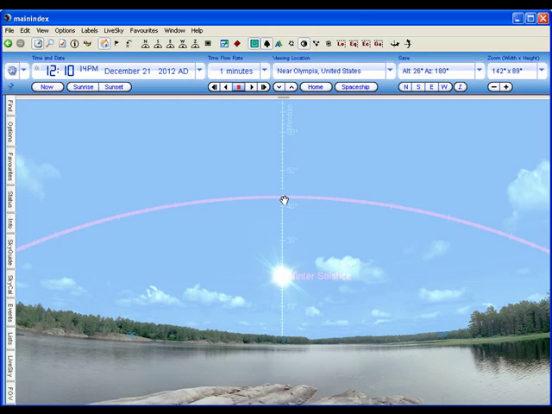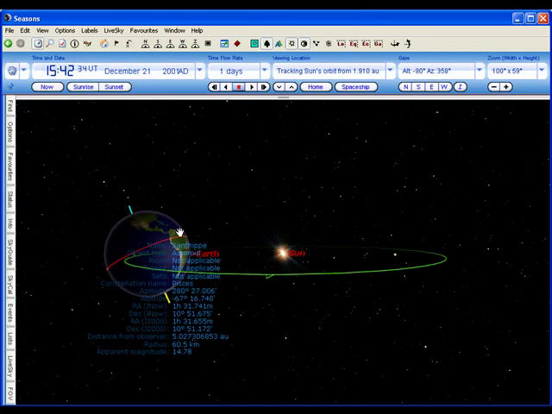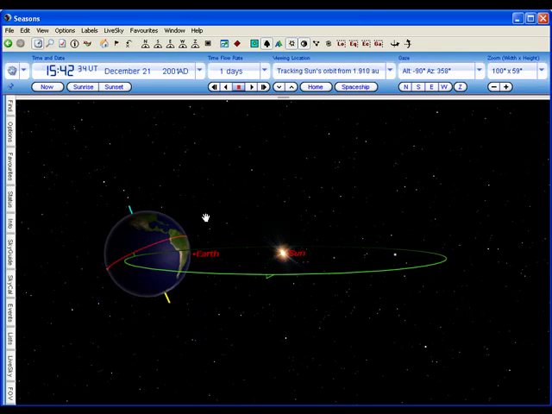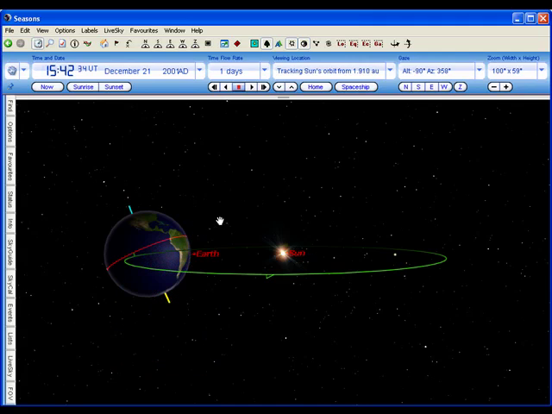What I'm doing is I'm looking south, and the celestial equator will be 90 minus my latitude above the southern horizon. And if we go back and take a look at the seasons, you can see why that would be. The celestial equator is just an extension of the Earth's equator onto the celestial sphere.